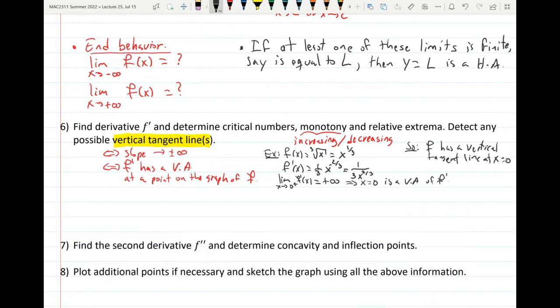So let's look at the graph of x cubed. What's the graph of x cubed? This is one of your basic functions. The graph of x cubed is like this. We have an inflection point at 0, 0. So if you find the second derivative, you figure out that there is an inflection point at 0, 0.